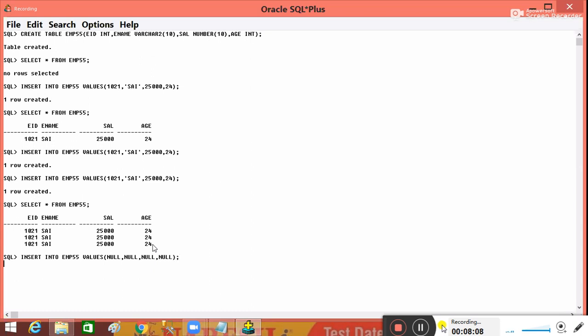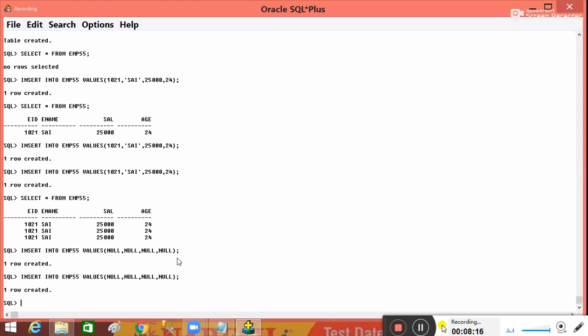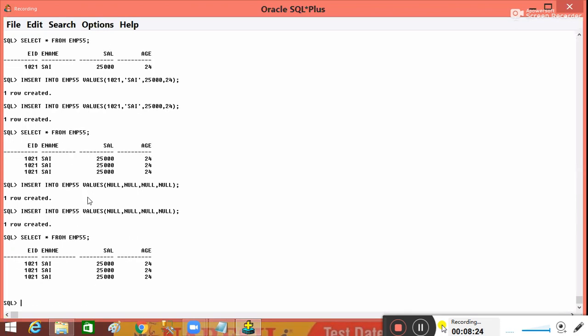Null is also accepted, and when I insert the same nulls one more time, again accepted.